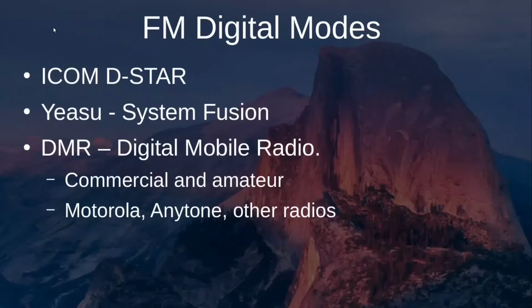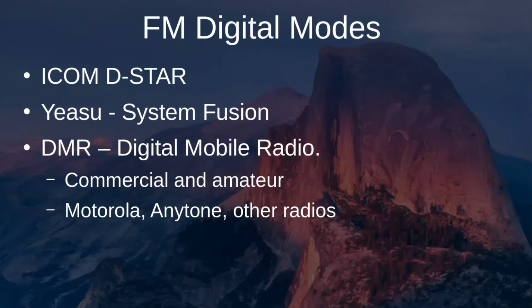Digital voice modes for FM are also varied depending on what type of radio you have. If you have an ICOM, their digital FM mode is called D-Star. Yaesu has a mode called System Fusion, and there's yet another mode called DMR, or Digital Mobile Radio. These aren't necessarily interoperable, so you can't communicate with an ICOM radio to a Yaesu radio with D-Star to System Fusion.